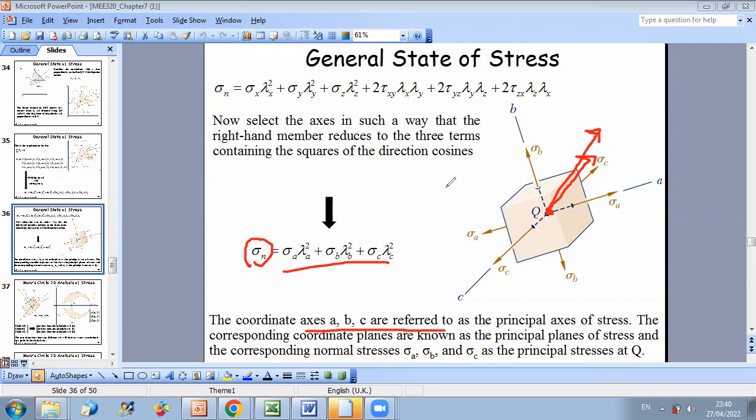So this is to say that knowing the principal stresses, we can deduce the normal stress along any orientation of interest.